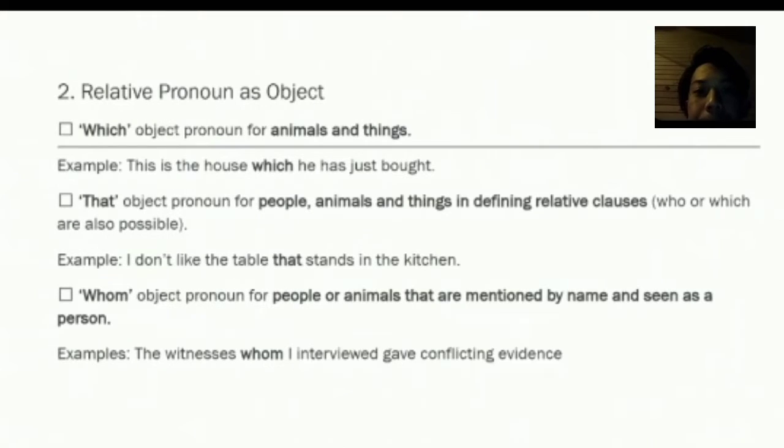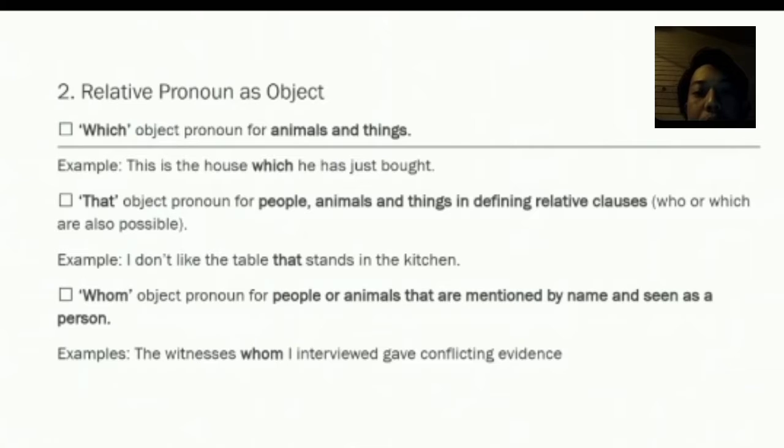Next. Second, relative pronoun as object. The first, which, object pronoun for animals and things. Example is, this is the house which he has just bought. Second, that, object pronoun for people, animals, and things in defining relative clause.